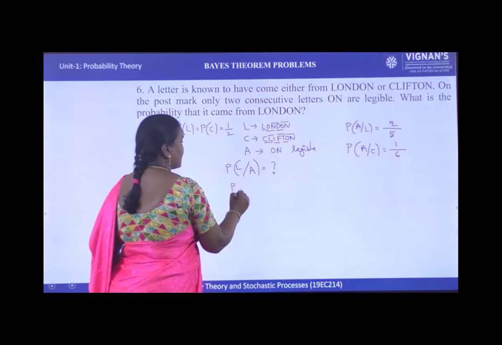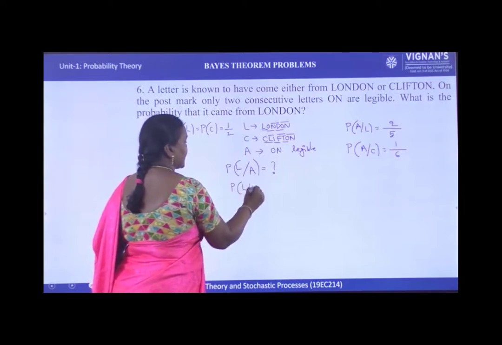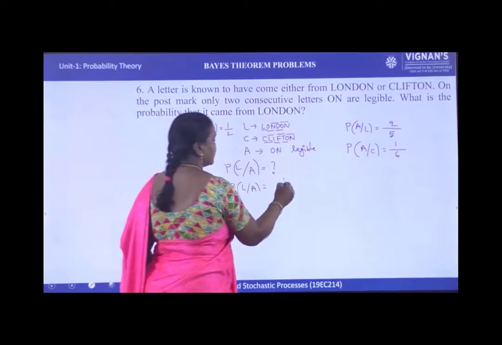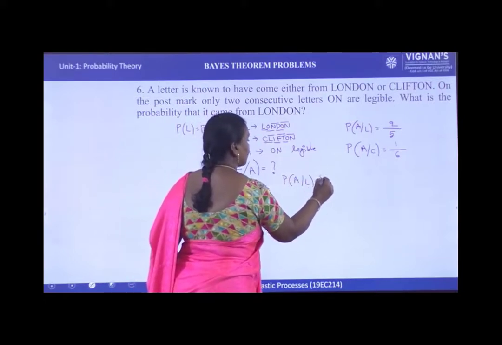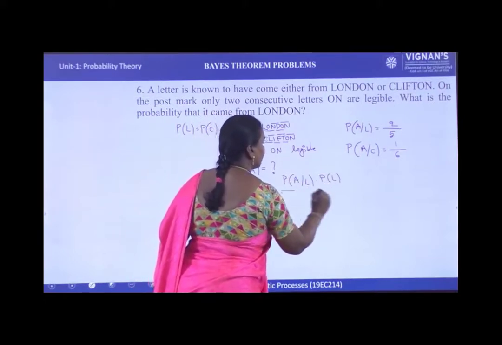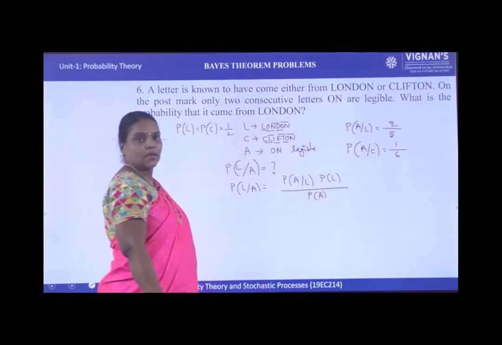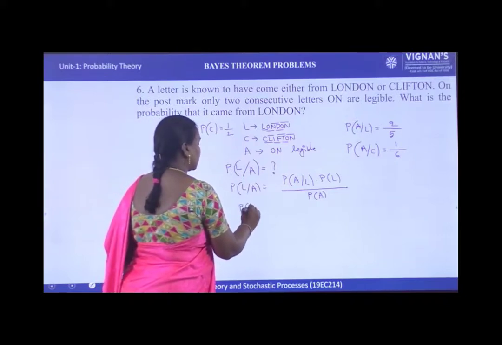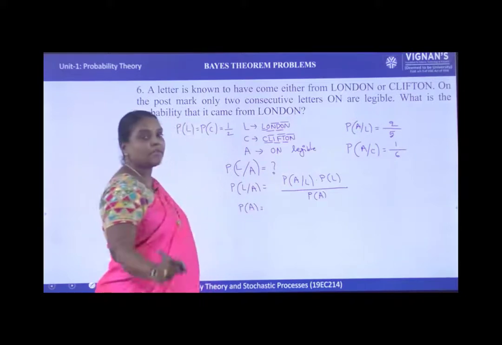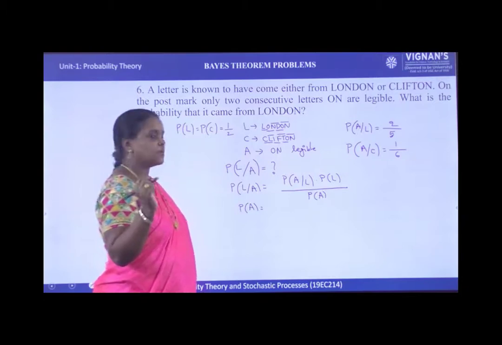So P of L by A is equal to P of A by L into P of L, by P of A. First let us find P of A by using the total probability theorem, that is the probability of ON letters being legible.